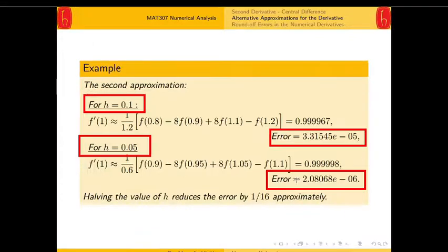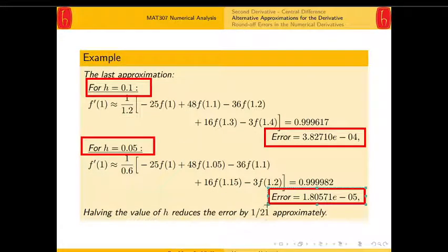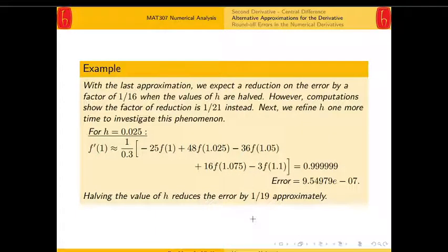In this case we see the error is reduced by approximately 1/21. So with this last approximation, we expect the error to be reduced by a factor of 1/16 when h is halved. However, computations show a reduction of 1/21.